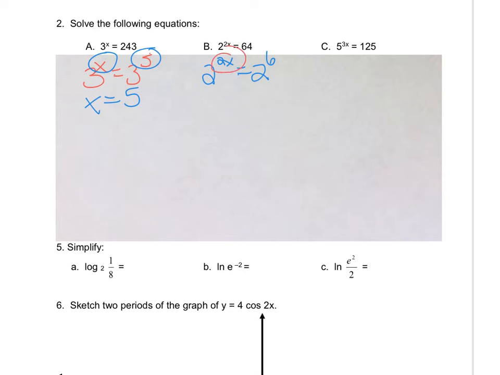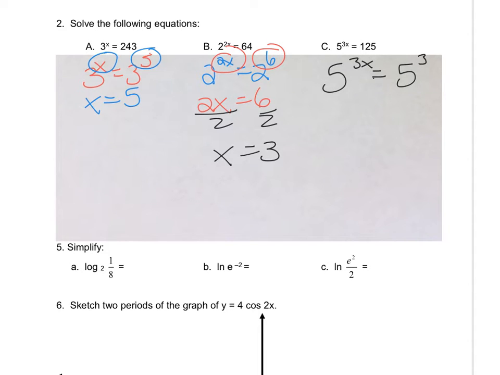So setting our exponents equal and solving, we get x is 3. And 125 is 5 to the 3rd. So we get x is 1.